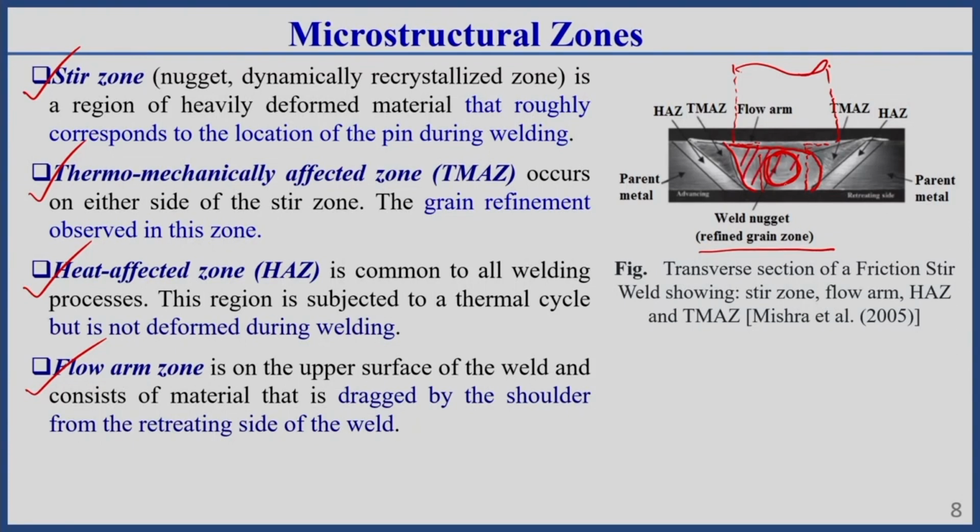Now, the thermomechanically affected zone generally occurs on either side of the nugget zone, this side as well as this side. In this zone, material recrystallization takes place due to plastic deformation of the material as well as the heating effect.